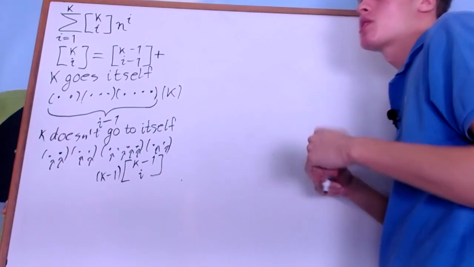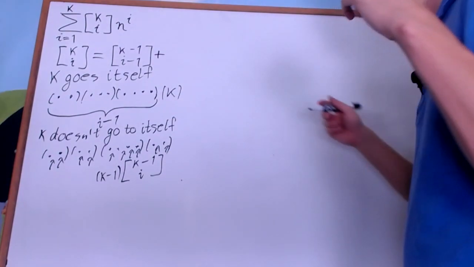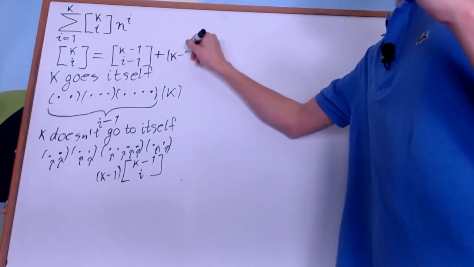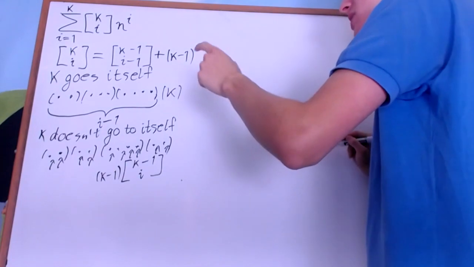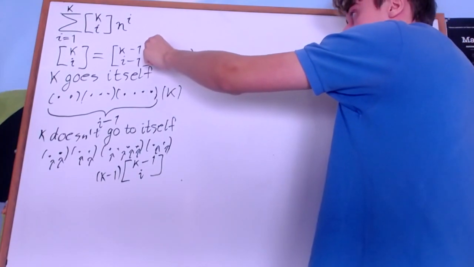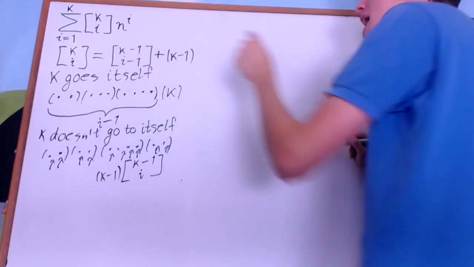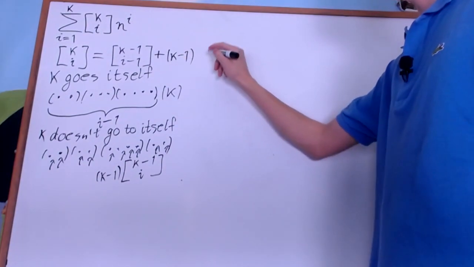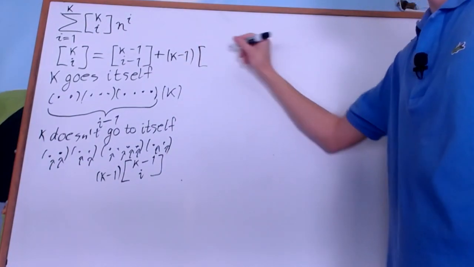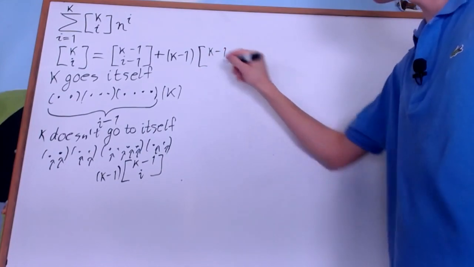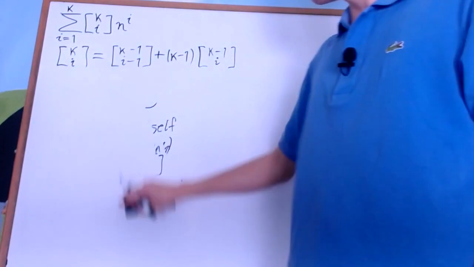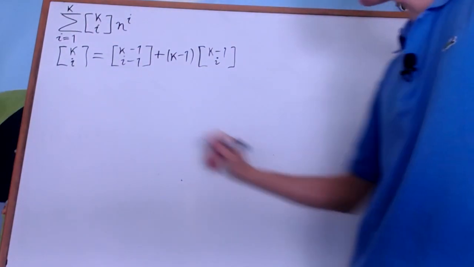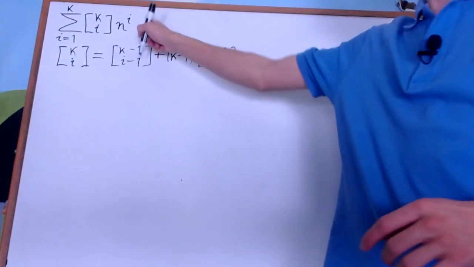These two classes compose all of the permutations, and so the number of permutations on k symbols with i cycles is equal to the number of permutations with k-1 symbols with i-1 cycles plus k-1 times the number of permutations with k-1 symbols and i cycles. This is our property, this is our identity with the Stirling numbers that will make this easy to evaluate.